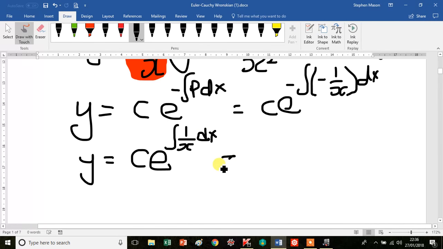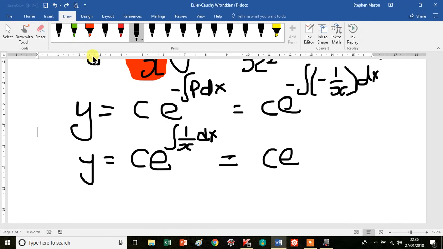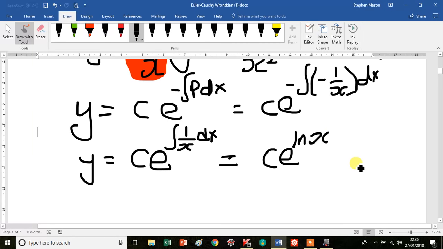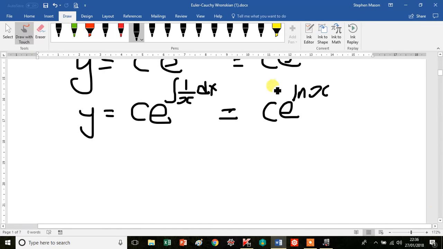And of course, I'm sure you will have identified that this is equal to c e to the power log of x. Okie doke. What is c e to the log of x? Well, any exponential to the power of a logarithm of a number is quite simply just this number, x.